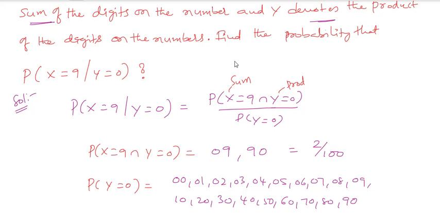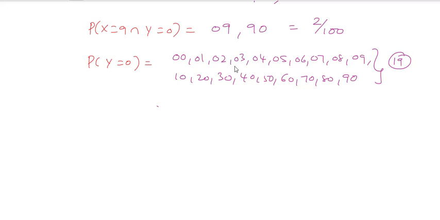So these are all the possible cases. If you count it, you will have a total of 19. So the probability is 19 divided by 100.